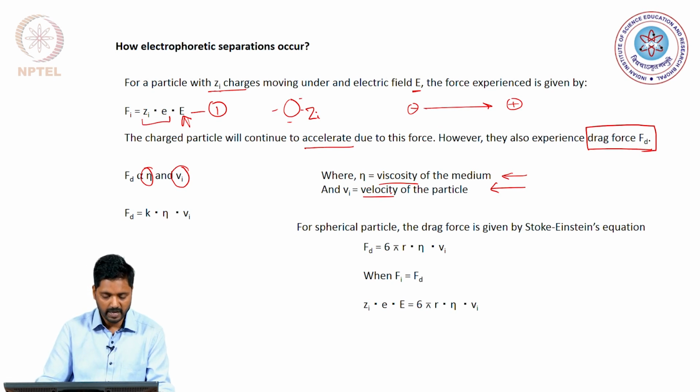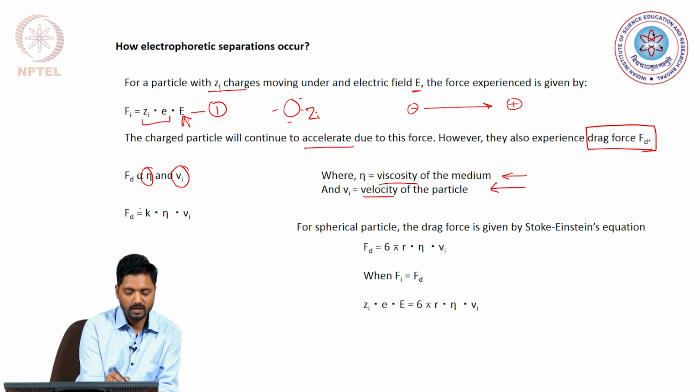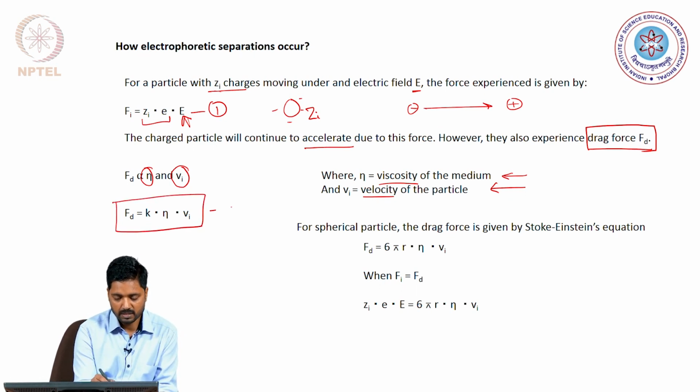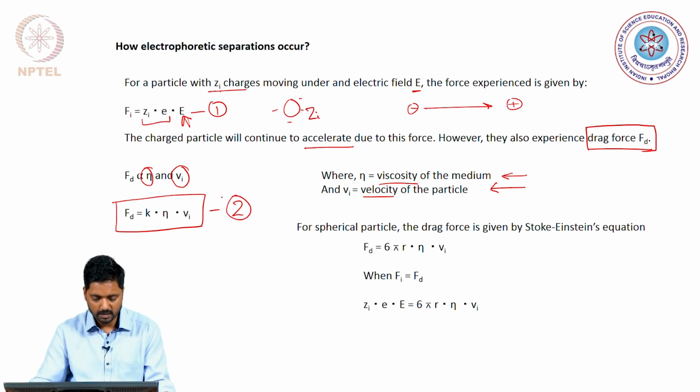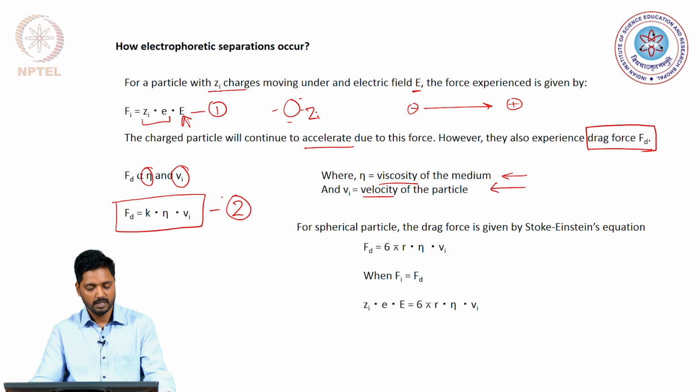Now, this drag force can finally be written as what is given in equation 2, and that is, the drag force is nothing but some constant into the viscosity of the medium into the velocity of the particle.